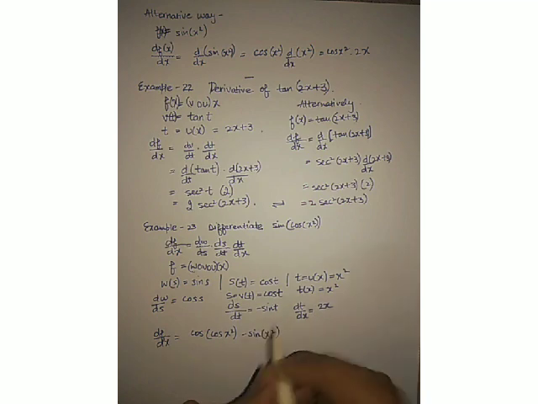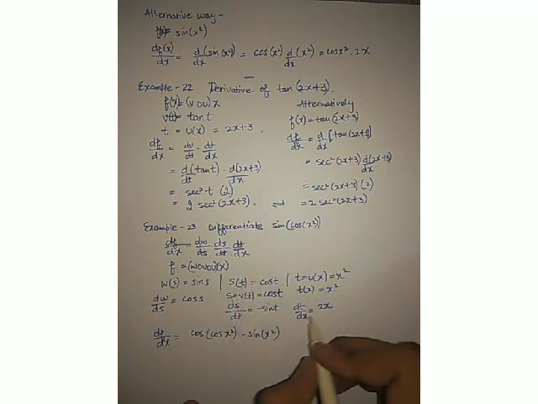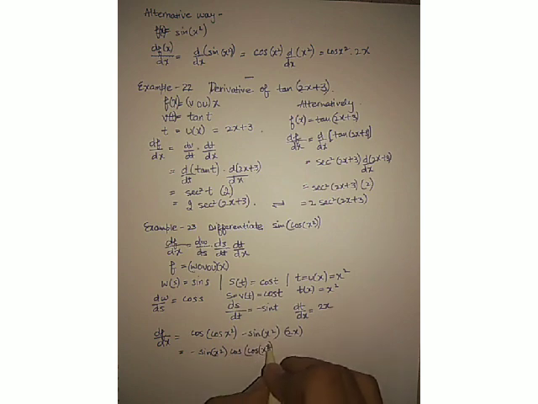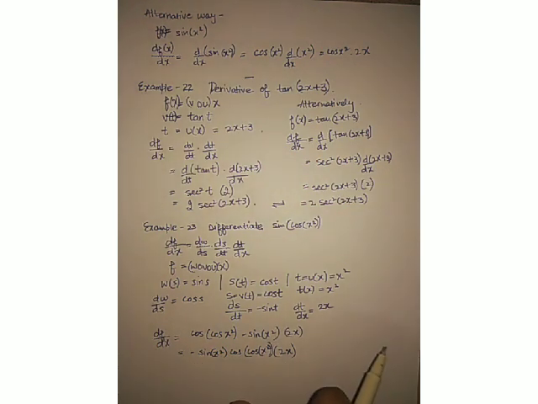That is x square, and ultimately fill in the value of dt upon dx, that is 2x. So your complete answer will be minus sine x square cos of cos x square multiplied by 2x, or you can write 2x at the very beginning. So this is your answer that you get by applying chain rule.